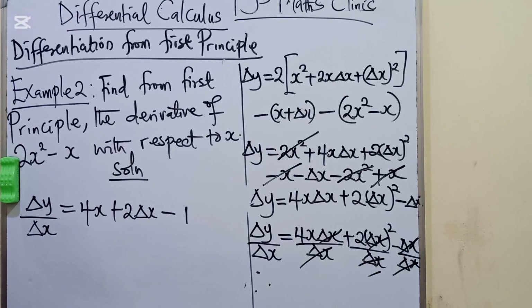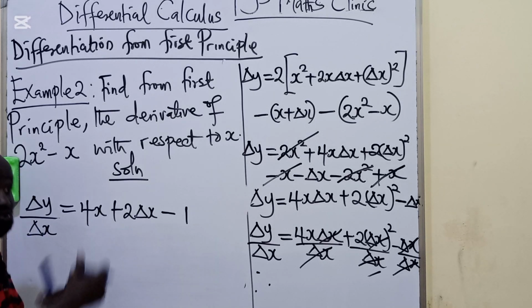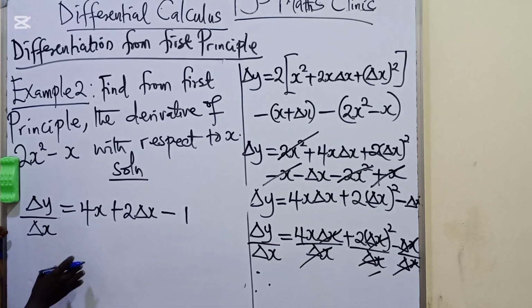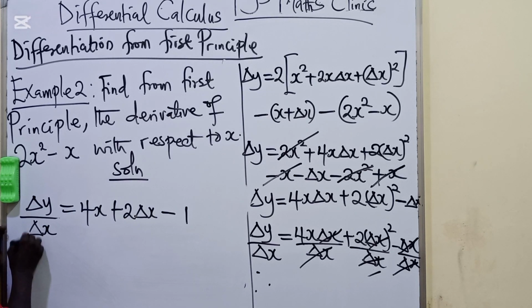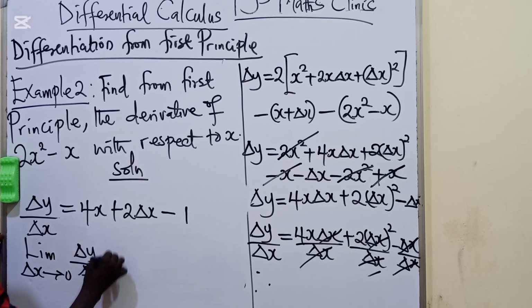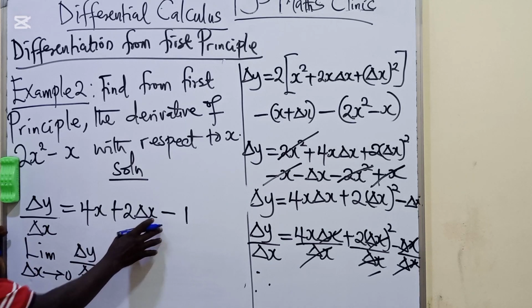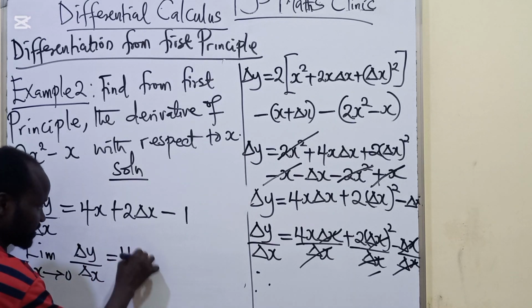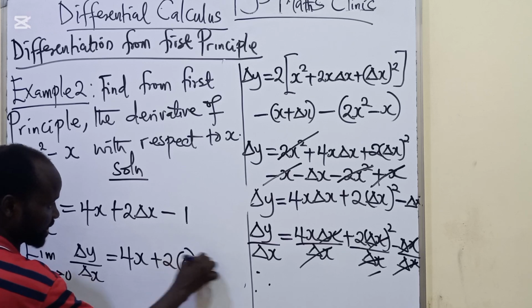Very important. So, the limit now, to get a more accurate result, we have to set delta x to 0. As delta x approaches 0, what will be the derivative of this function? The limit as delta x tends to 0 of change in y with respect to change in x will be equal to, anywhere we see delta x, we substitute 0. So it will be 4x plus 2 into 0 minus 1.